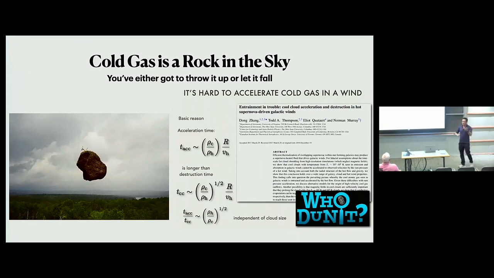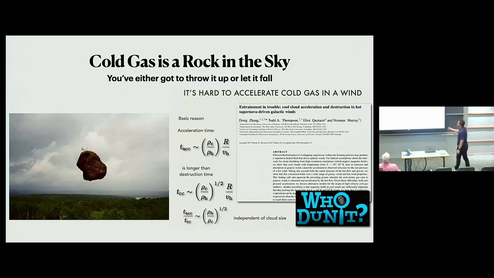You've got to throw it up or let it fall down. A lot of times we think what the galaxy is doing is juggling. It's just doing this galactic fountain kind of thing. The trouble is that if you throw it up, you can do very simple estimates, and there's an acceleration time, which is essentially the time scale it takes for a cold cloud to sweep up its mass, right?